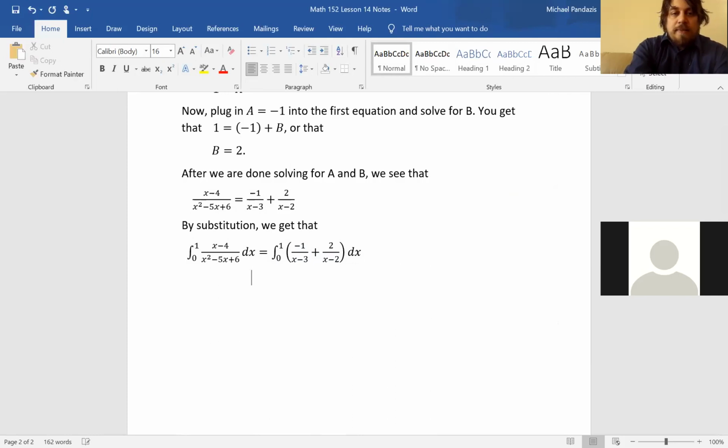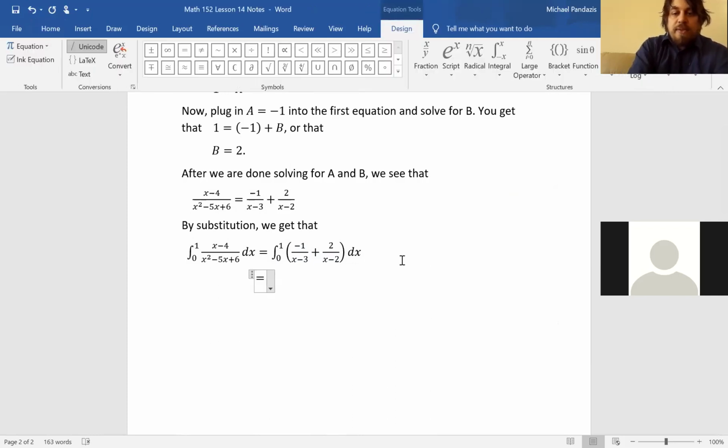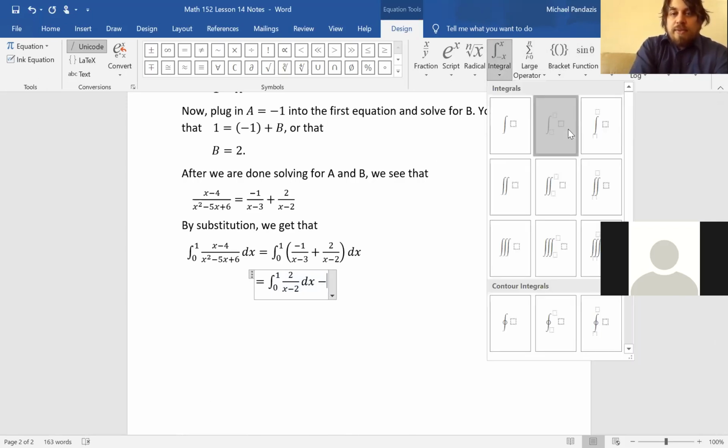And then by properties of the definite integral, this is now equal to the first integral. This is from 0 to 1. I'm going to write 2 over x minus 2 first, dx, and then that way I can write minus the definite integral.